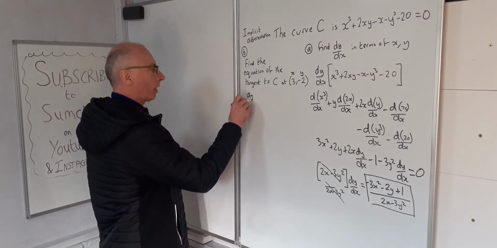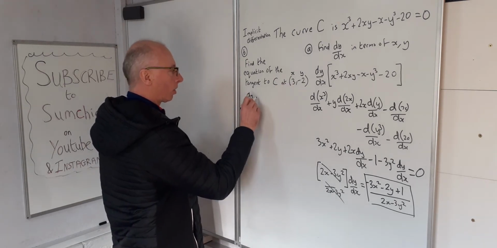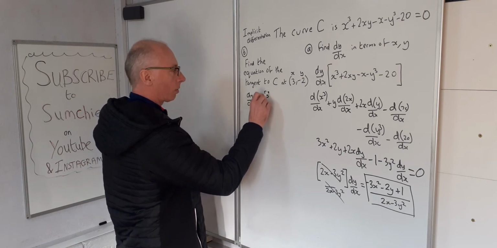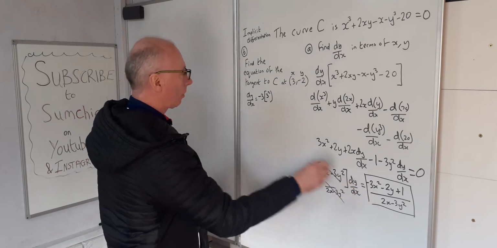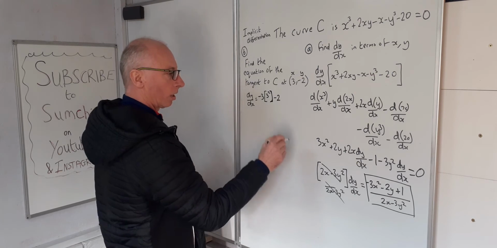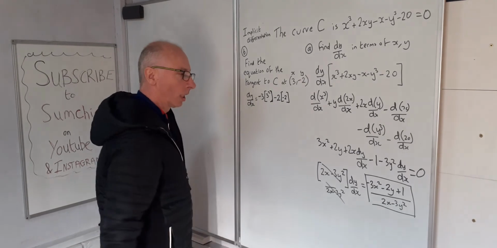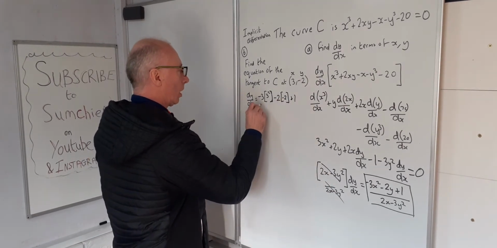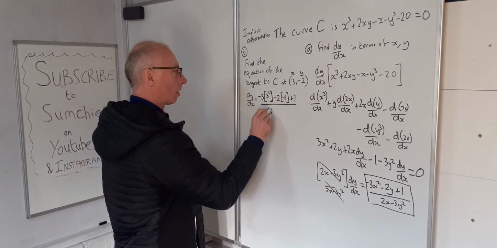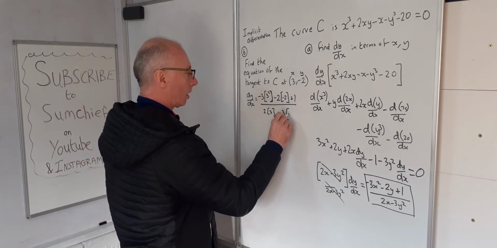So dy/dx at (3, minus 2) equals minus 3 times 3 squared, minus 2 times y, which is minus 2, plus 1, divided by 2 times the x, which is 3, minus 3 times minus 2 squared.